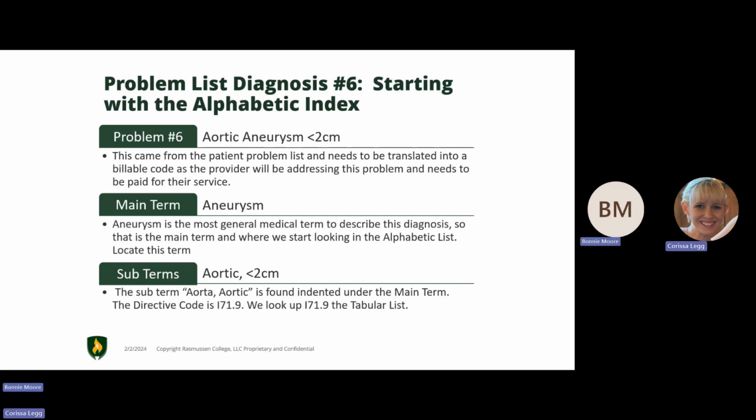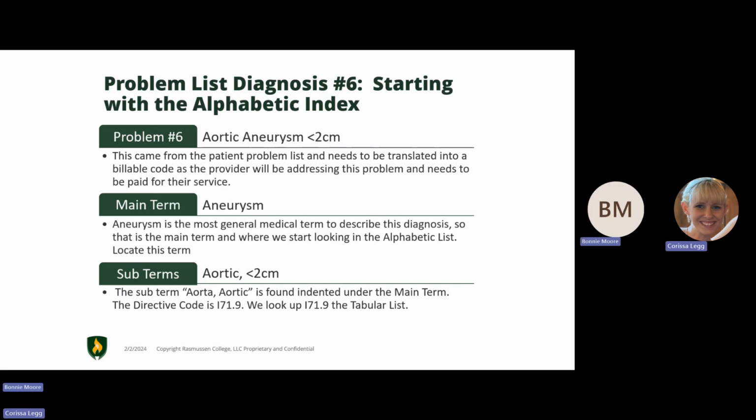Now, if something is done to that aneurysm and you have to do a CPT code, that information is taken into consideration in a CPT code. That's why it's there. But you're not going to find that as a subterm in the alphabetic. So basically, all we're looking up is aortic aneurysm.